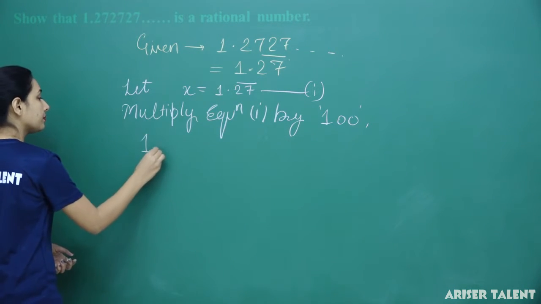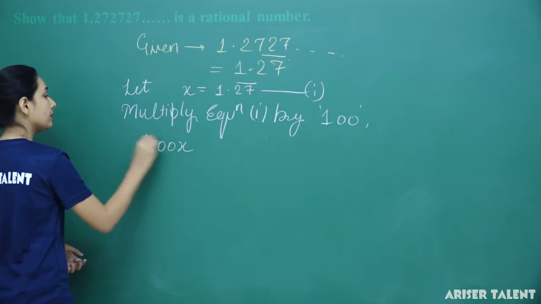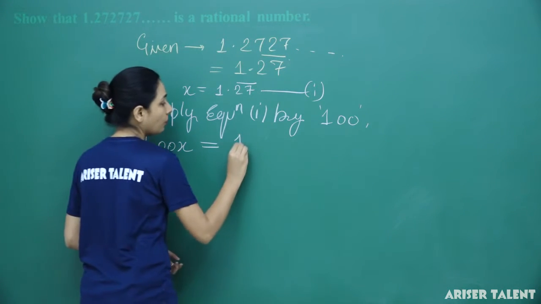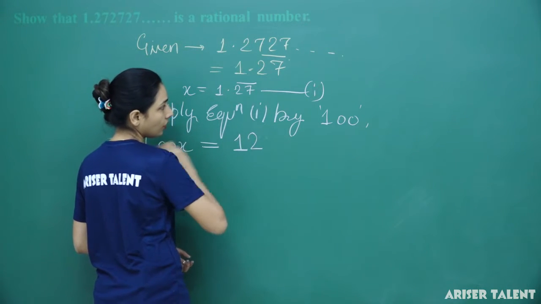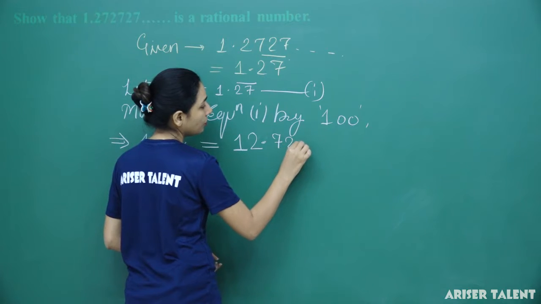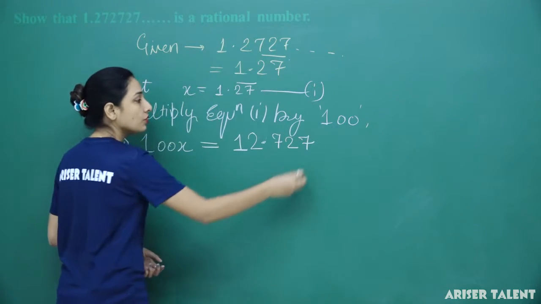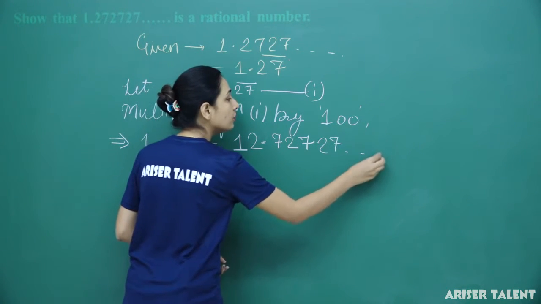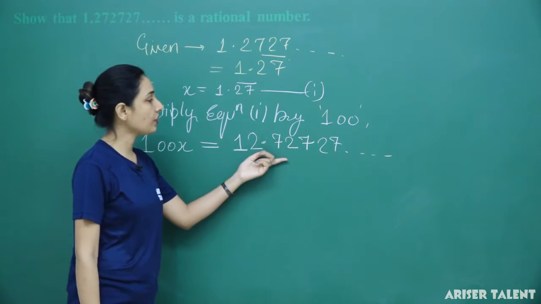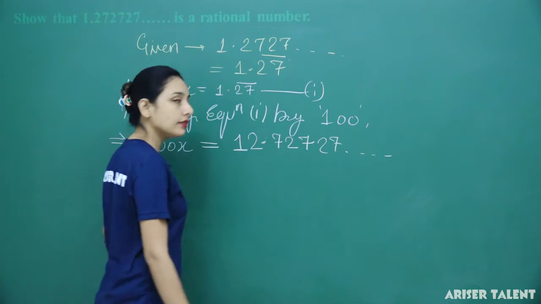That will make 100x equals to 127.2727 and so on. Okay, that is 100x equals to 127.272727.